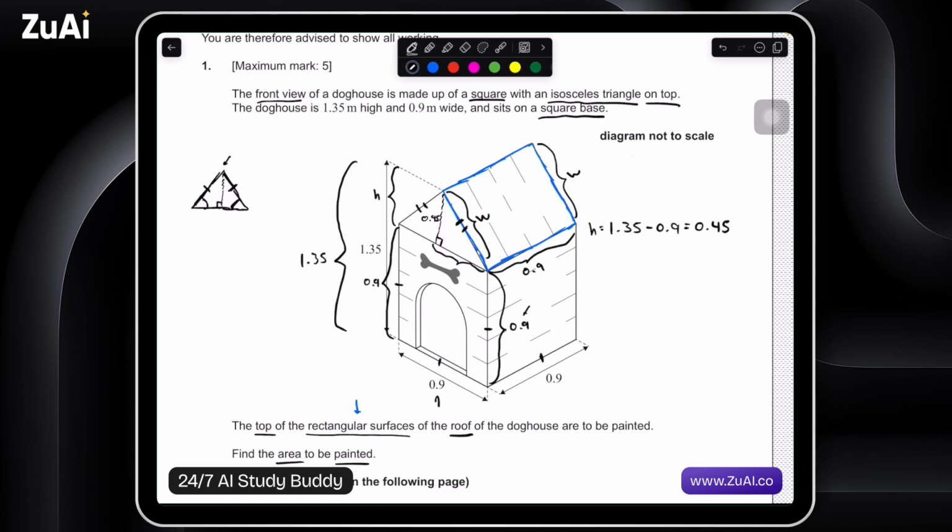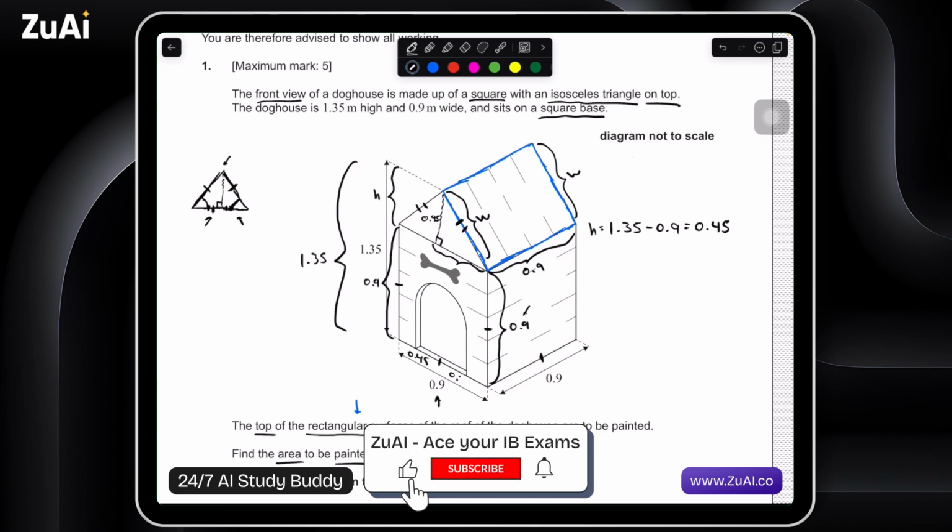We know this whole base is 0.9, and we know our isosceles triangle divides this up into two equal sections, so here's one section, here's another section. This itself must be 0.45, and this itself must also be 0.45, because 0.9 divided by 2 is 0.45.